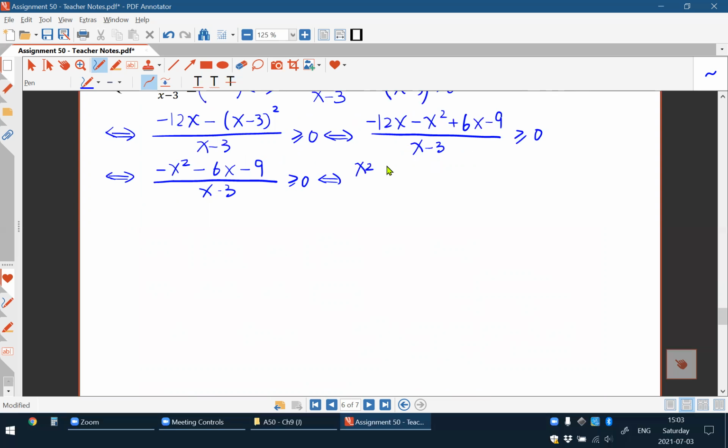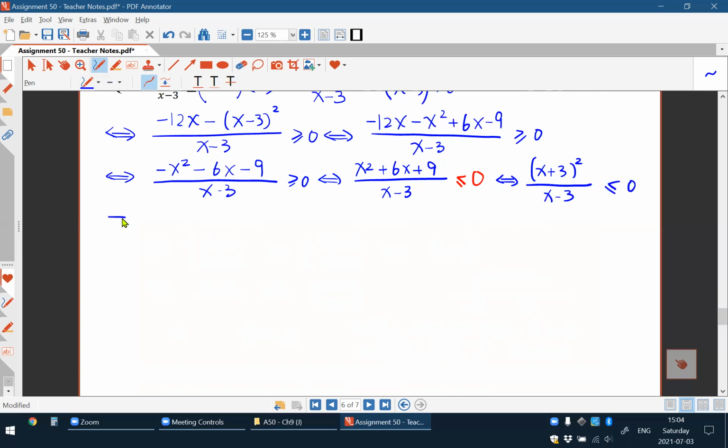This gives us x squared plus 6x plus 9 over x minus 3. Remember that when you multiply by a negative number, you have to change the direction of the inequality sign. So this is equivalent to x squared plus 6x plus 9. According to the formula, this is x plus 3 squared, right?